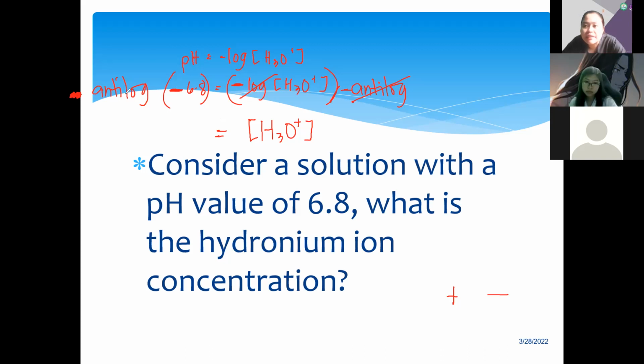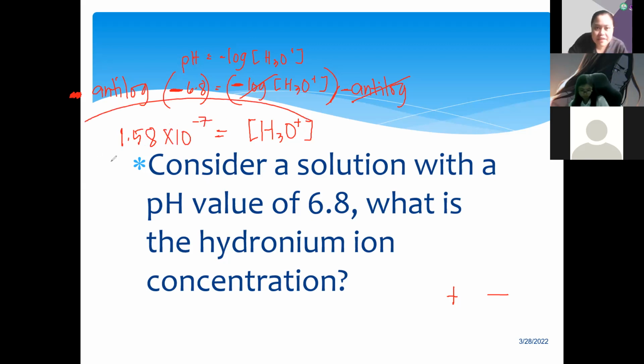What's the answer there? Okay, this time, it's already correct. 1.58 times 10 raised to the power of negative 7. This is the hydronium ion concentration. I mean, hydronium ion.